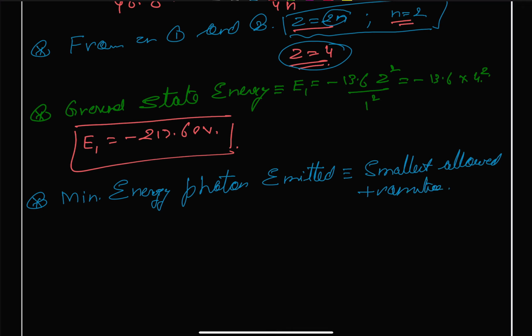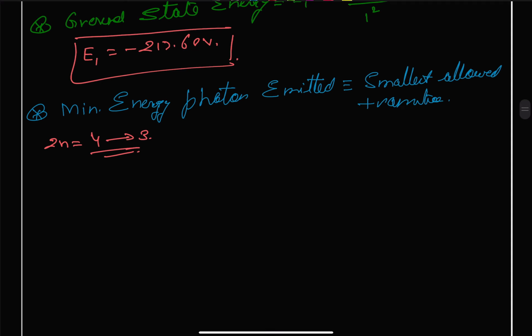So 2n is nothing but 4. If it comes down to 3, that will be our smallest energy or minimum energy transition. Therefore, the minimum energy, that is our delta E, will be equal to 13.6 Z square times (1 upon 3 square minus 1 upon 4 square).